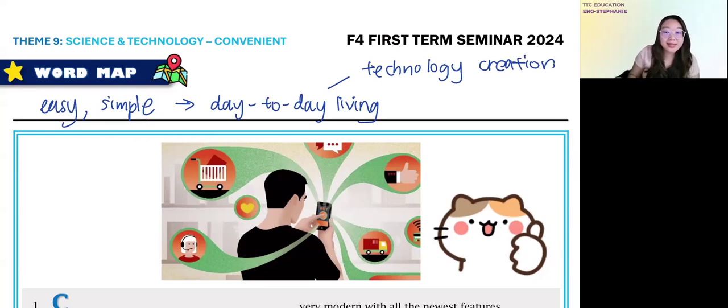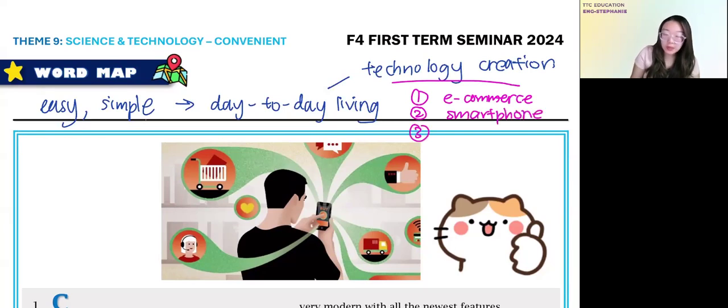So related essays will be part of these keywords. We will have things like our e-commerce platform, online platform, online shopping. There will be things like your smartphone versus your normal phone. We will have essays that are related to electronic gadgets.